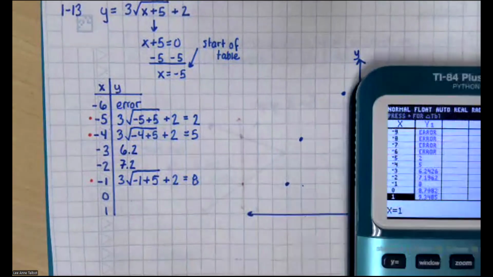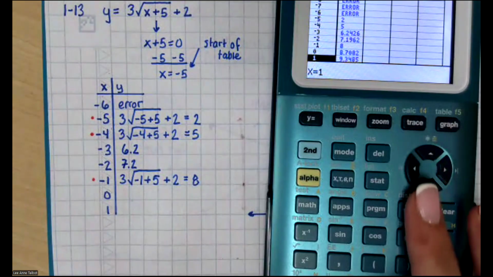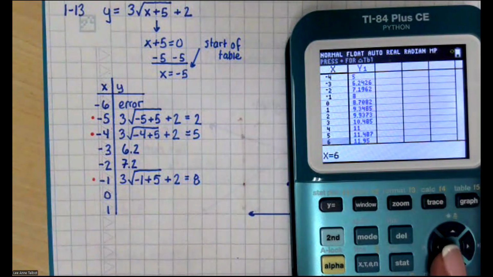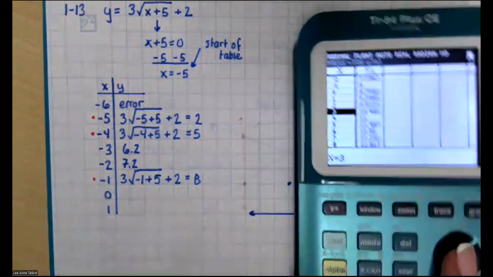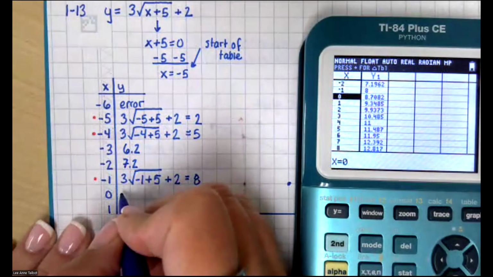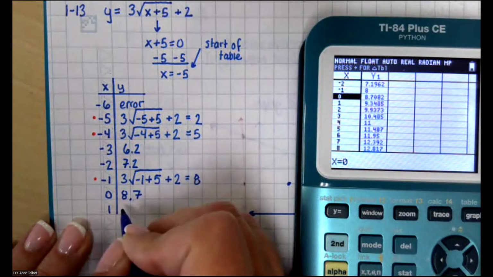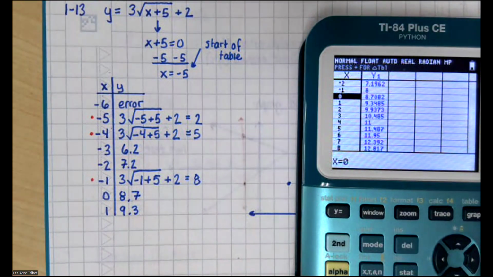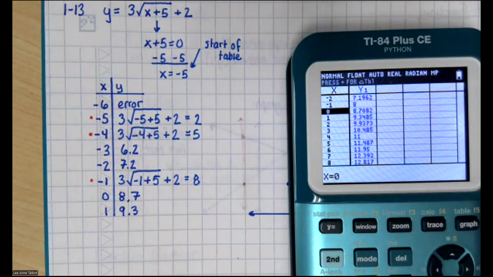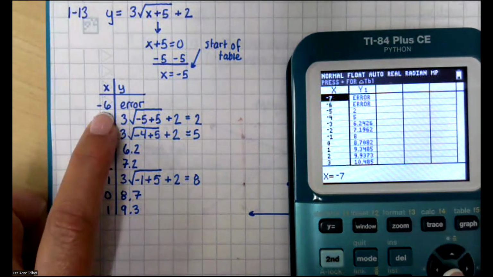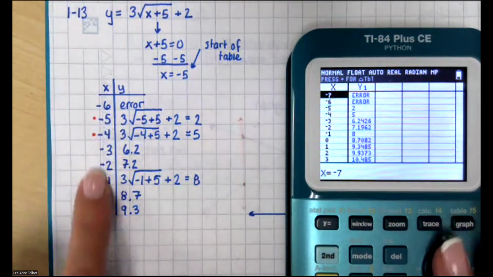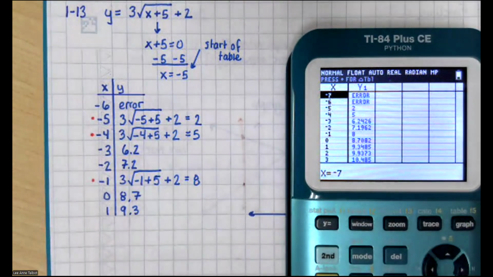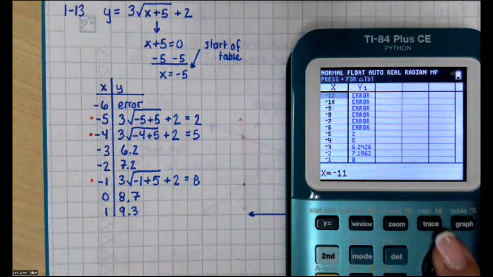If you do not have these showing up, you can use the arrow keys to scroll up and down to get more numbers. -6 should say error. And that's because you'd get a negative under the square root. And it will say error forever in that direction.